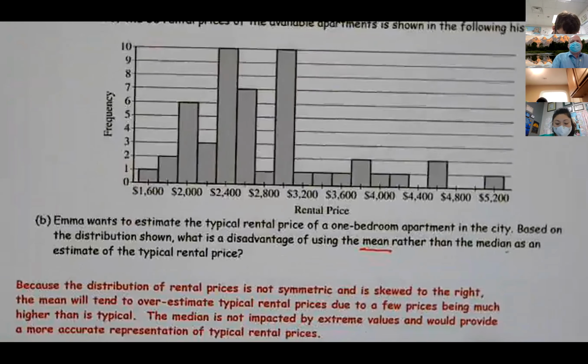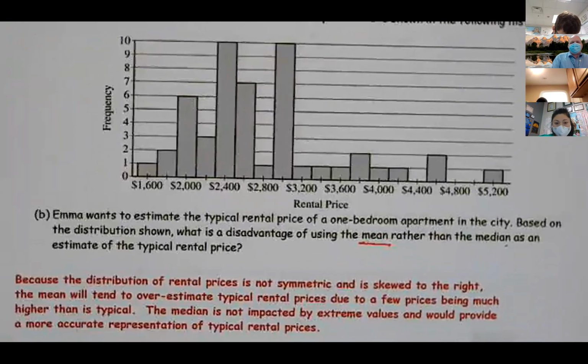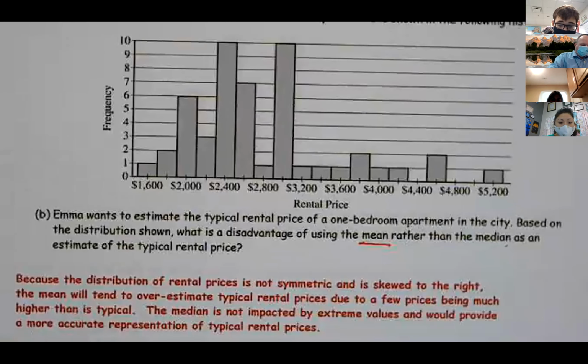Because the distribution of rental prices is not symmetric, and if it is symmetric, then using the mean is a really good choice. But because it's skewed to the right, the mean will tend to overestimate typical rental prices due to a few prices being much higher than is usual. The median is not impacted by extreme values and would provide a more accurate representation of typical rental prices.